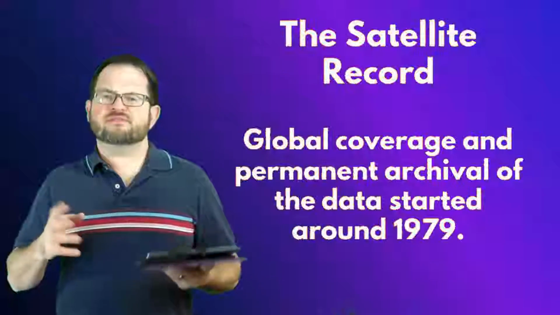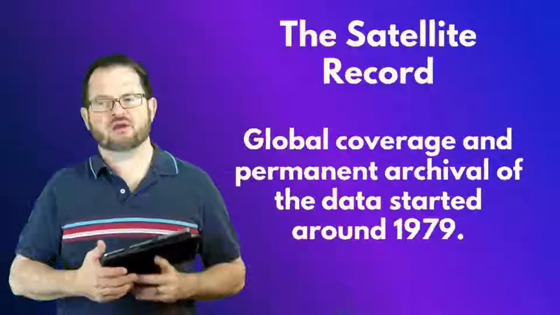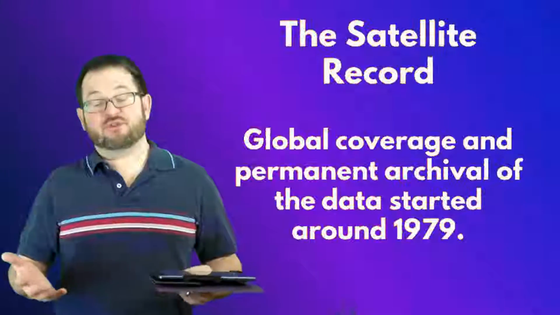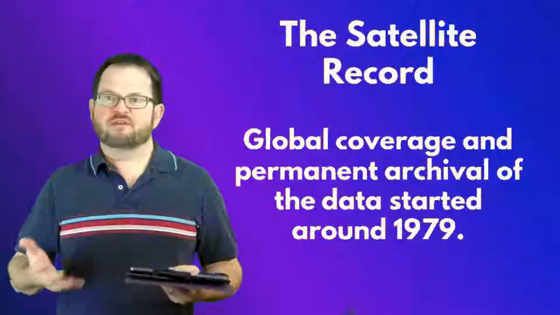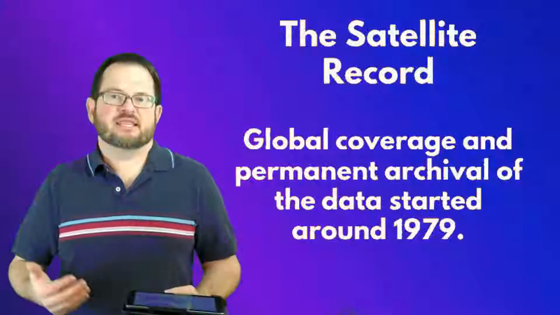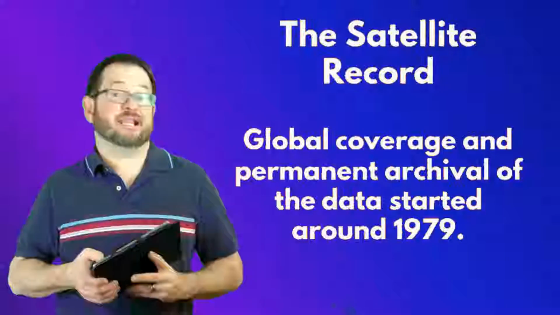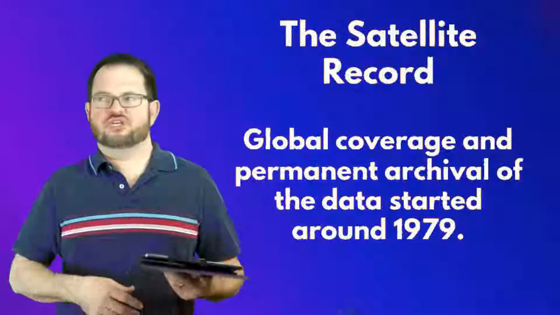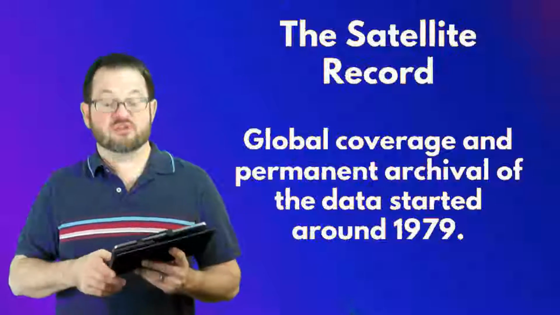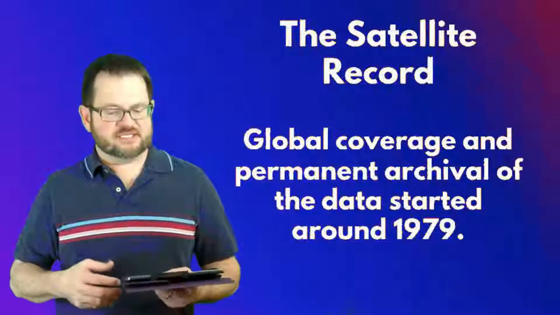And so those kinds of observations that come from satellite really don't have that long of a period of record. If we stick with our definition that climate has to do with having 30 years of observations, we've only just recently passed that point with regard to satellite observations, where we can start talking about a satellite climatology of precipitation, or a satellite climatology of ozone concentrations, or one of the other things that we do in fact measure using satellite remote sensing.